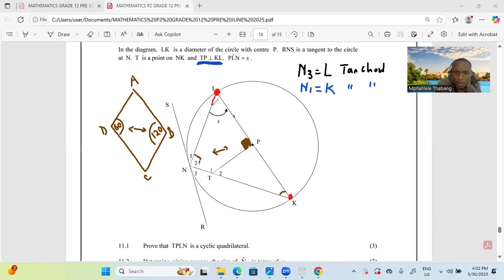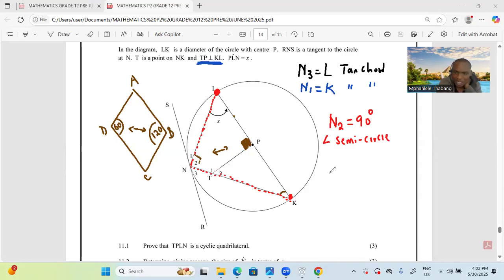So I move from L, I move from K. So the angle subtended by LK is this angle N2. So you say N2 equals 90 degrees. Why is N2 90 degrees? You can say angle in the semicircle, or you can call it angle subtended by the diameter.